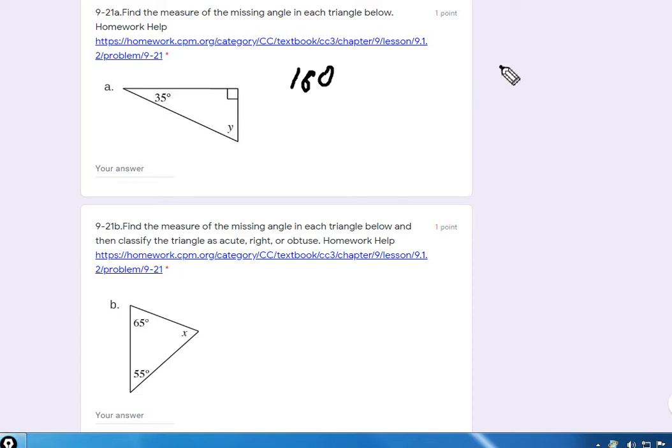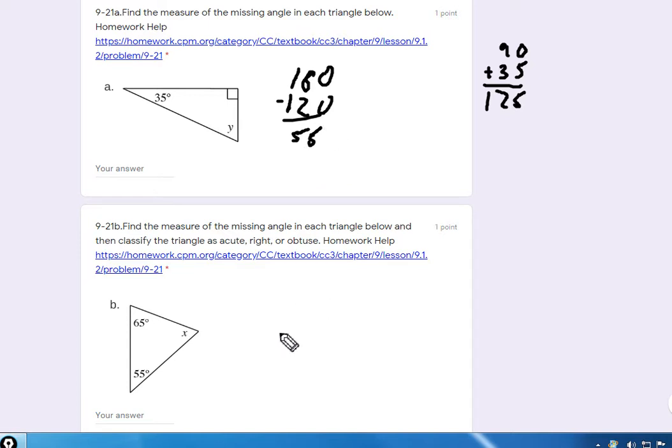So off to the side, I would say 35 and 90, and we need to know how much that is. So that's 125, and you need to subtract it from 180. So that gets you 55 degrees. So you can just put 55.